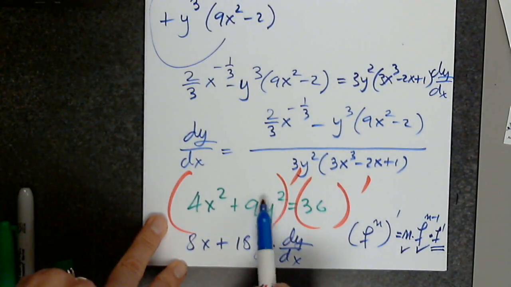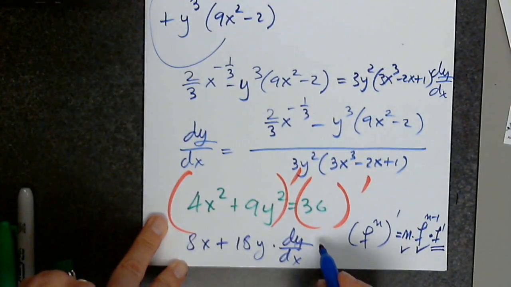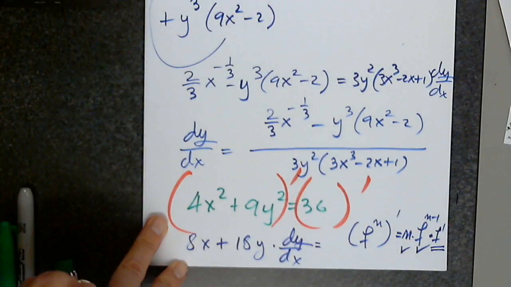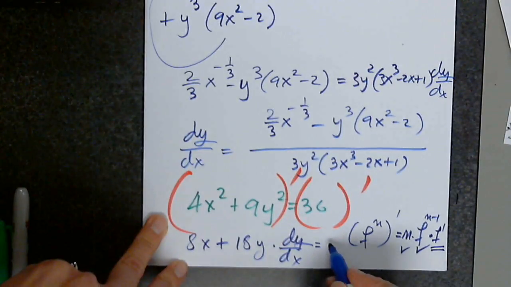So the constant is 2 multiplied by 18. 2 minus 1 is the function, times the inner function prime, which is dy over dx. Equals how much? 36 prime. What is the rate of change of 36? 0.